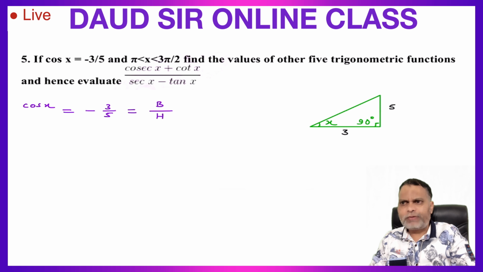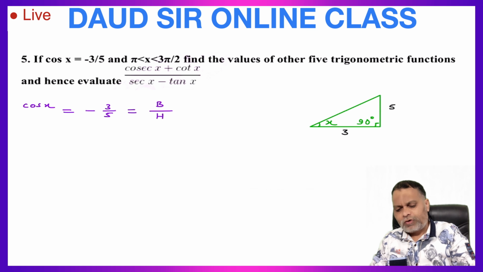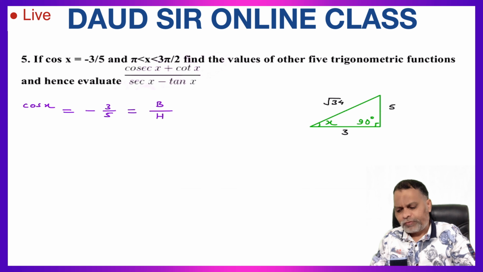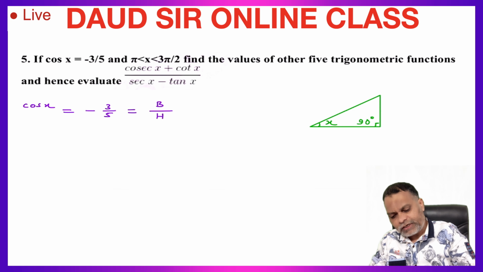Base is equal to 3 and hypo is equal to 5.